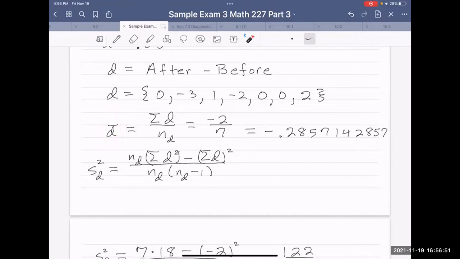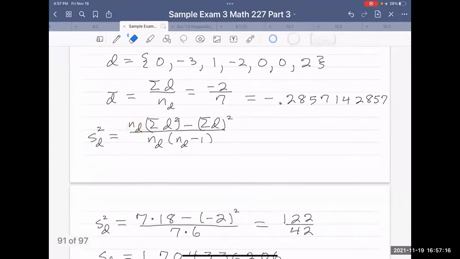Let's find the mean. Let's add these all up: -2, divided by how many there are, 7. So negative 0.285714285714.